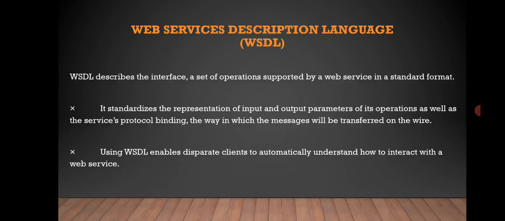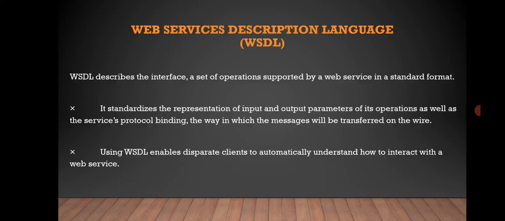WSDL, Web Service Description Language, describes an interface, a set of operations supported by a web service in a standard format. It standardizes the representation of input and output parameters to the operation, as well as its service protocol binding, the way in which the messages will be transferred on the wire.